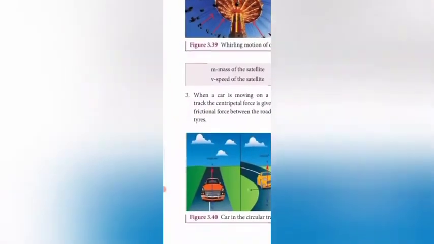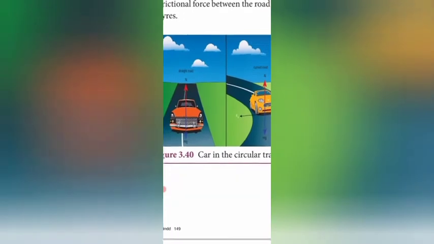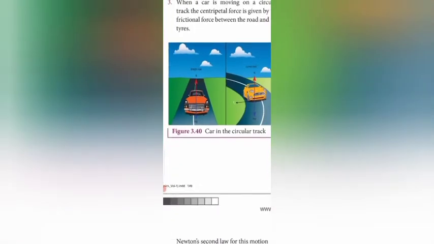Coming to the third case, see this diagram: the car on a circular track. When the car is moving on a circular track, the centripetal force is given by the frictional force between the road and the tire. The road and the tire of the car have some frictional force, and that frictional force acts as the centripetal force here.